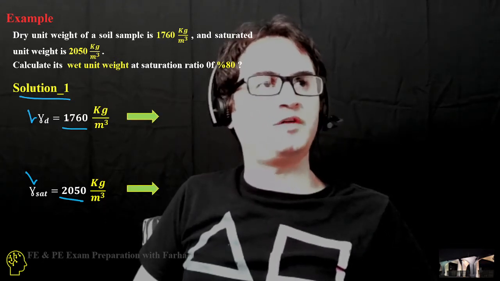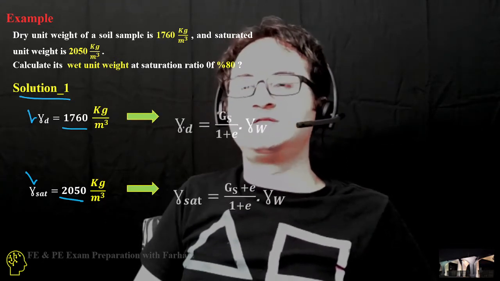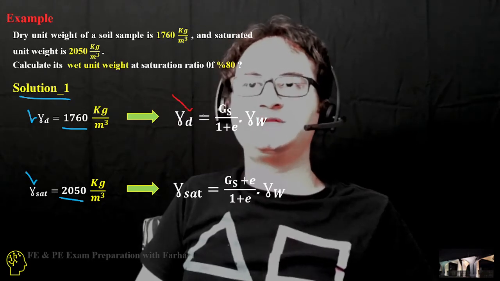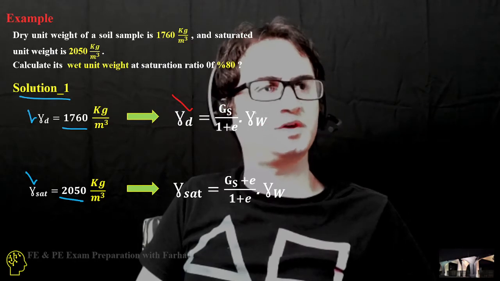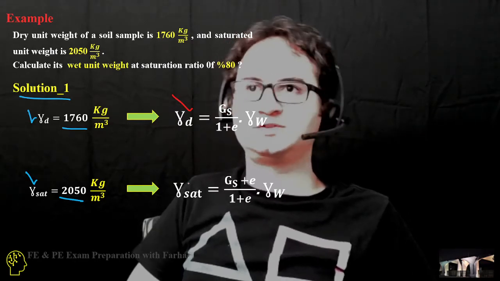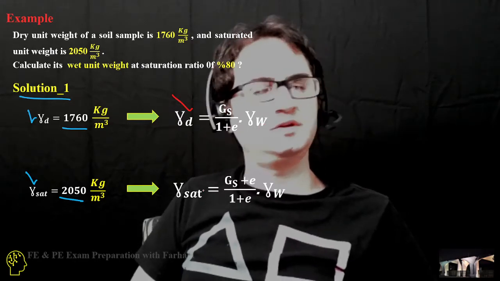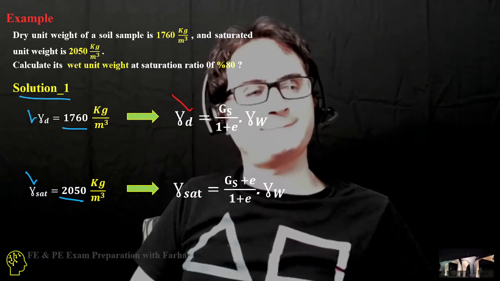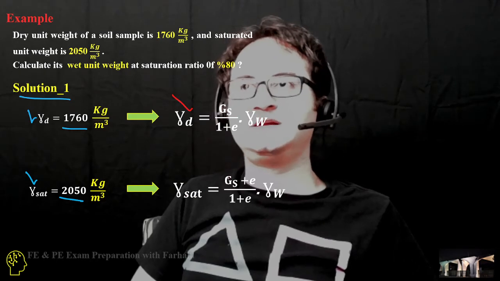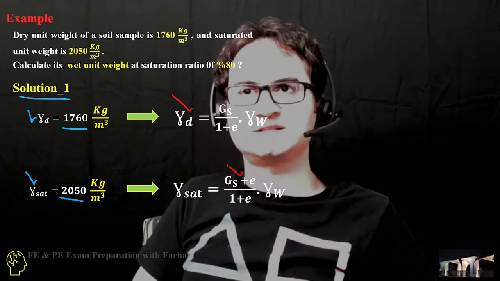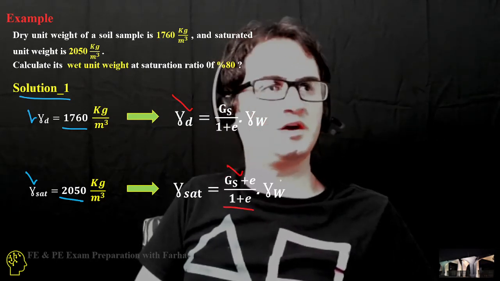Based off weight-volume relationship equations, we know gamma D, the dry unit weight, is GS, specific gravity, over 1 plus void ratio times the unit weight of water, and gamma saturated is GS plus E over 1 plus E times gamma W.